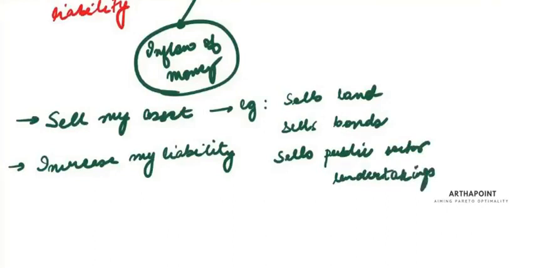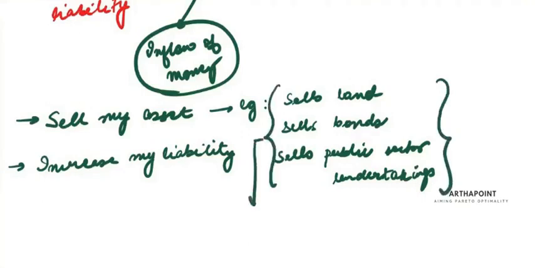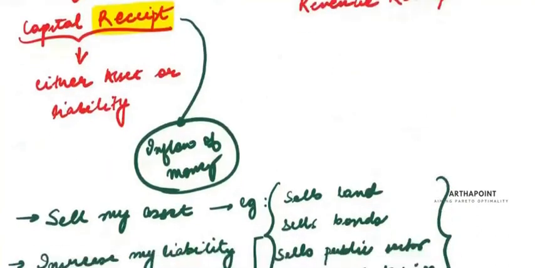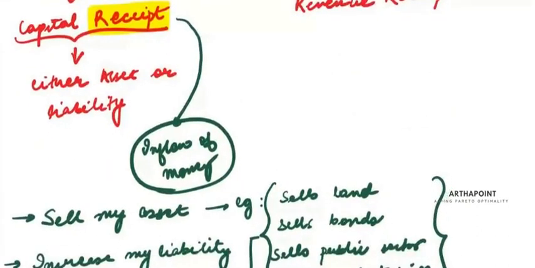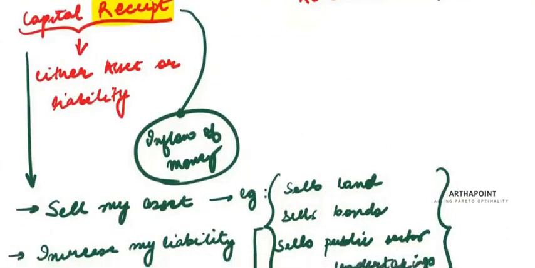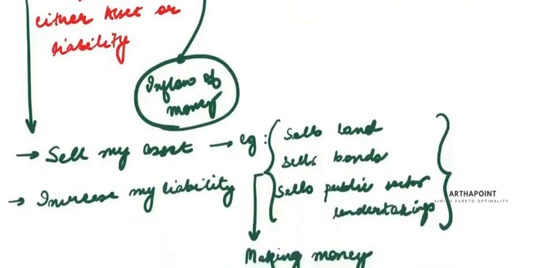Whenever the government is involved in selling an asset, usually the selling of asset is related to making money. Please don't consider this as just a reduction in the asset. Why should this come as part of the receipt? Well, that is because you have some money that you're making, and if you're making some money, then it has to be part of receipt.